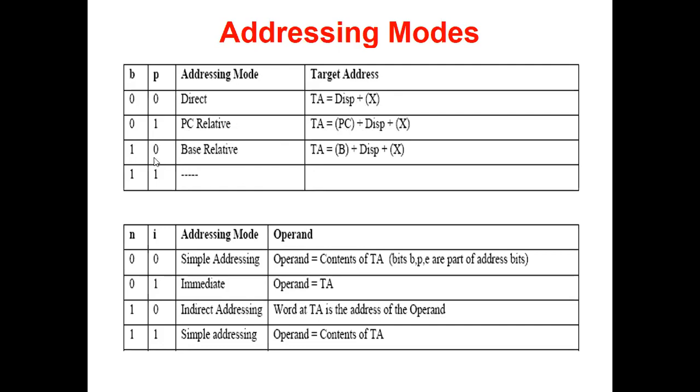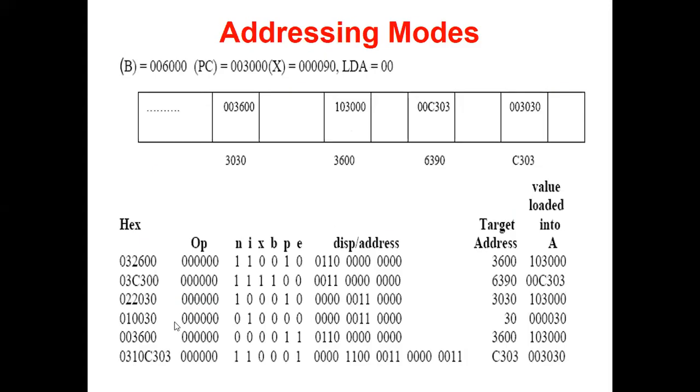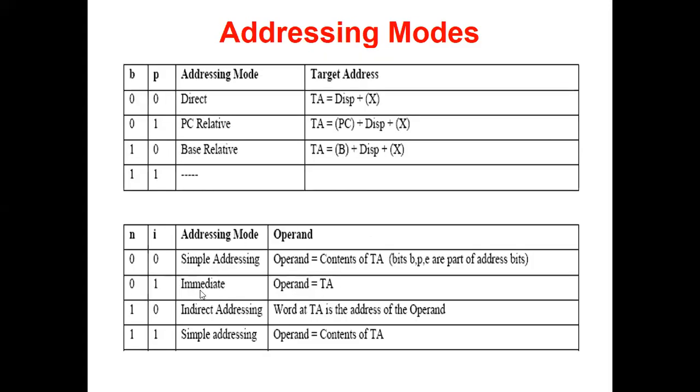When B is a 1 and P is a 0, that is the base. B1, P0, that is the base. It means you take what is in register B plus the displacement plus contents of register X. Now, after getting the target address, we want to know whether it is the address we are interested in or contents of that address.